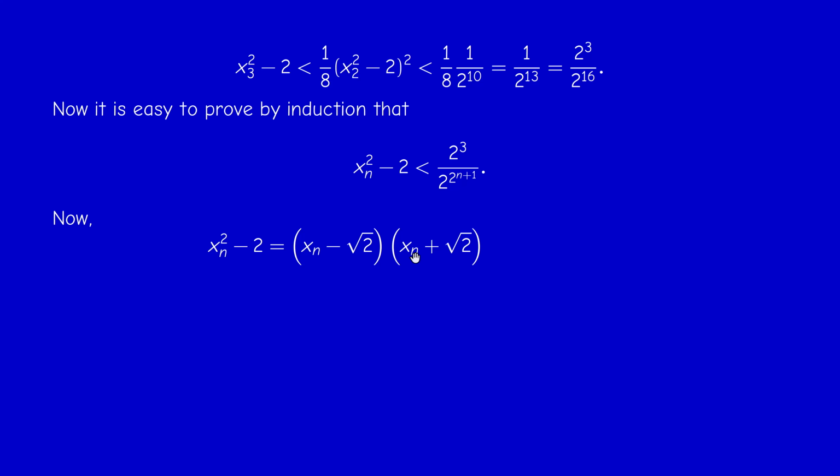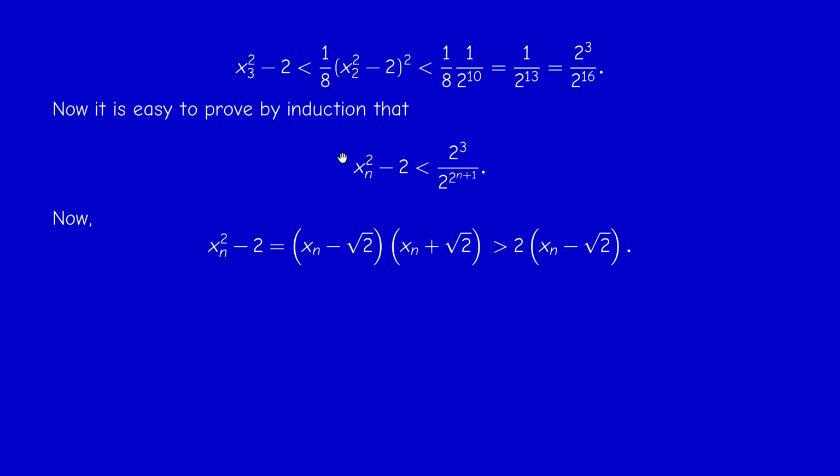And now I know that x_n is bigger than radical 2. So this term is bigger than 2 radical 2, which is just bigger than 2 actually, because radical 2 is bigger than 1, even if I don't know what radical 2 is. So I get that this quantity is bigger than 2 times the error. This is the error actually, and I can put absolute value here because this is something positive.